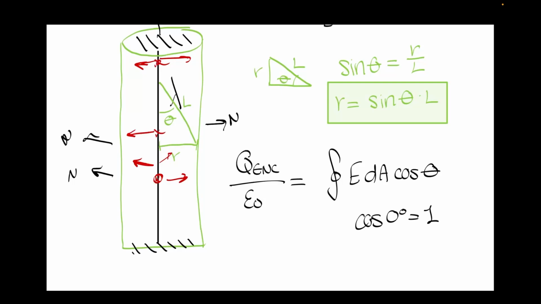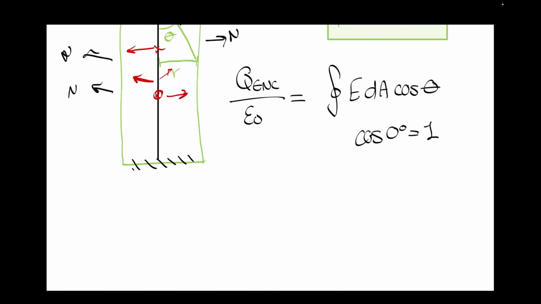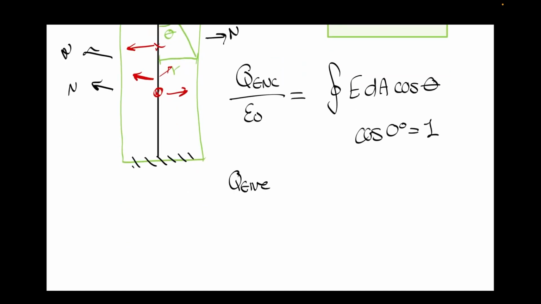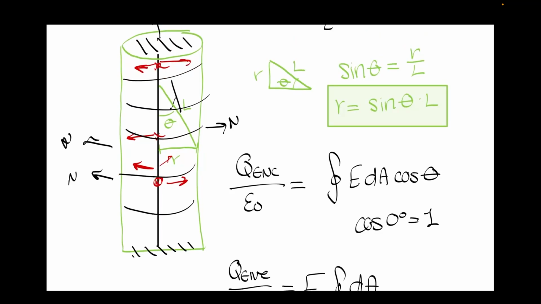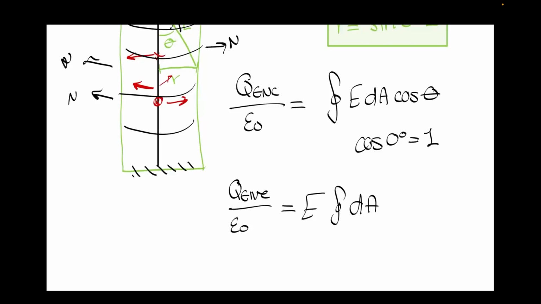And our electric field is the same everywhere, so we can pull the electric field out. So we can say Q enclosed divided by epsilon naught equals E times the closed integral of dA. Awesome. Well, what's the closed integral of dA? It's the surface area of our Gaussian surface sleeve here. Just the sleeve, because we're talking about just the sleeve for this part. Technically, we have a plus 0 and a plus 0 for the caps, but we're not talking about that.